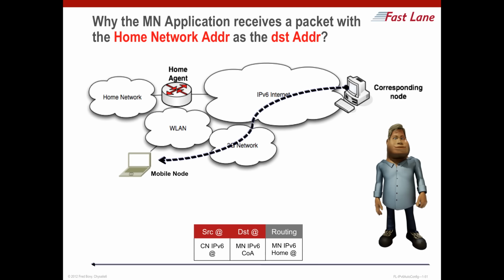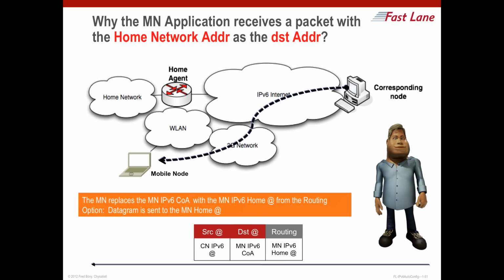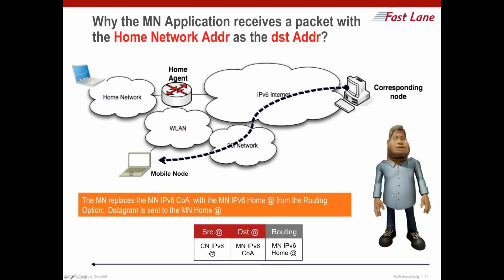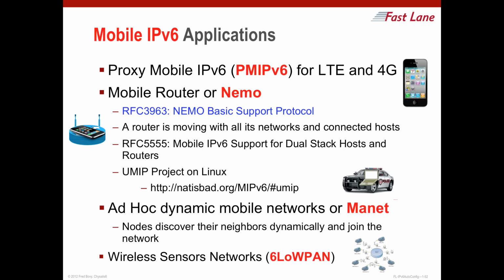And it is actually replaced by the mobile node when the packet is received, and when it is passed to the transport layer, the destination address is the mobile node IPv6 home address. So everything again is one more time occurring exactly as if the mobile node was still on its home network. So that's again thanks to the extension header we can do all this.